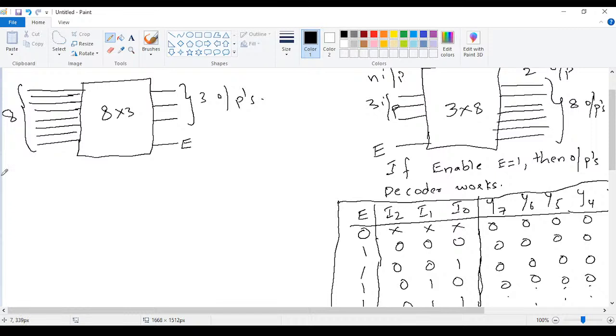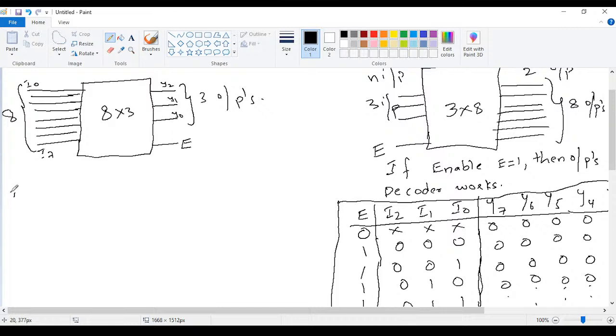Okay, what will be the functionality when we give the inputs as I0 to I7, and the outputs we can go for Y2, Y1, Y0; we can give any name here.